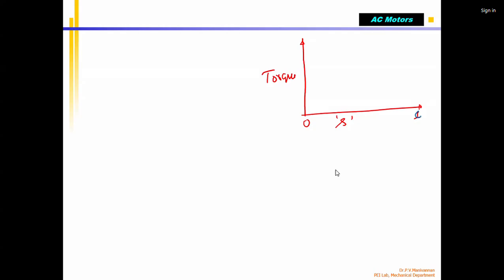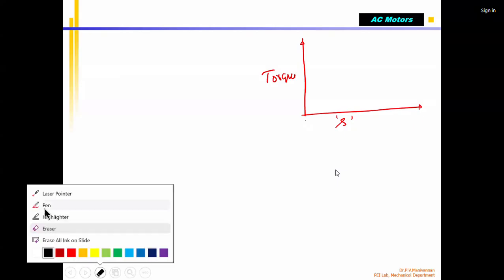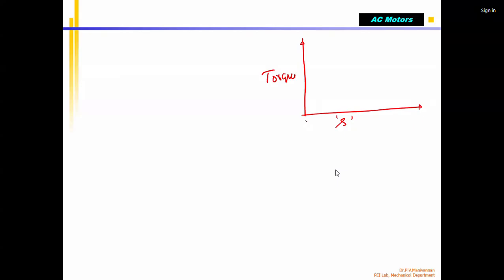Sorry, this end is 0, this end is 1. Slip varies from 1 at standstill to 0, when the rotor catches up with the synchronous speed and both are equal, rotor speed and synchronous speed.